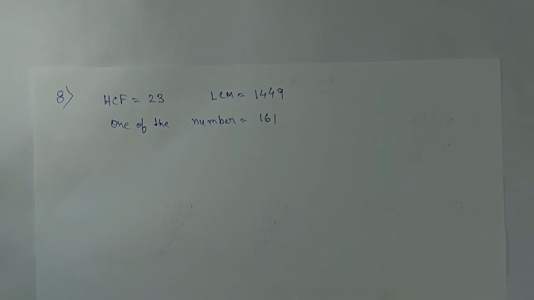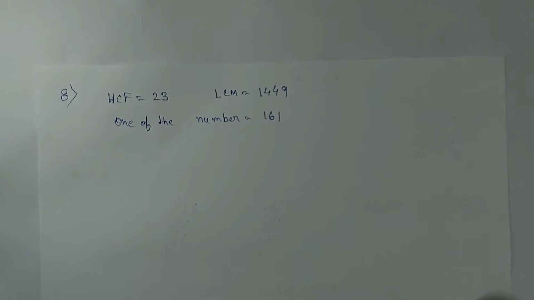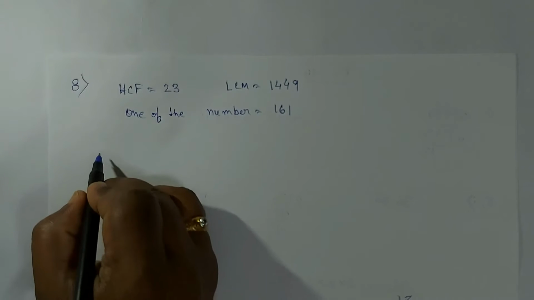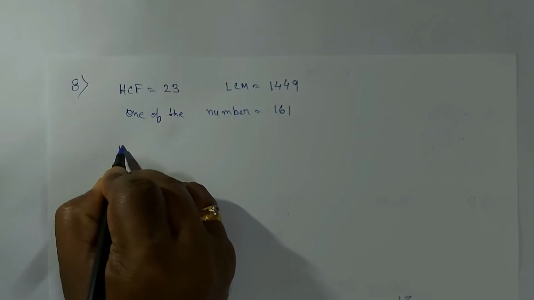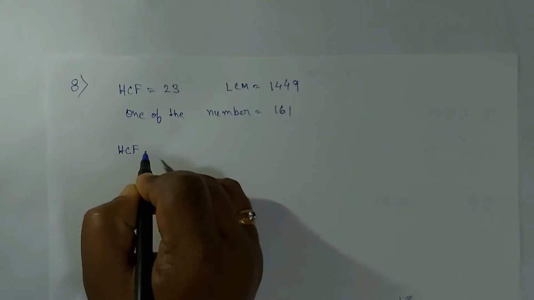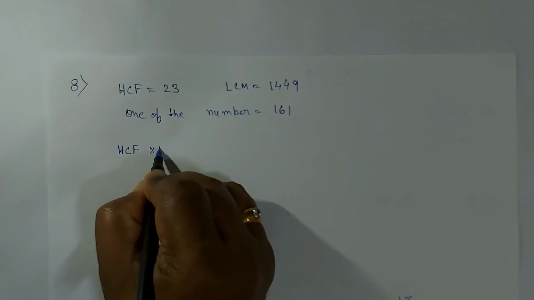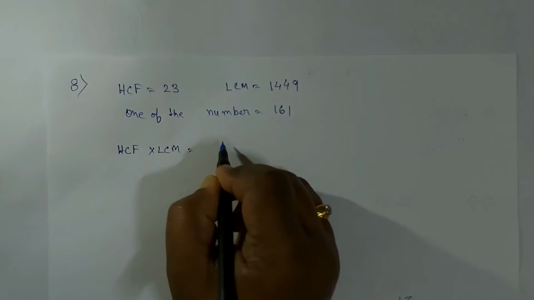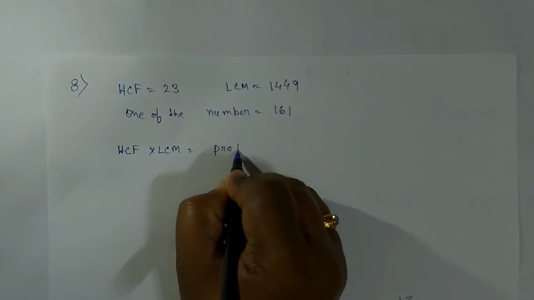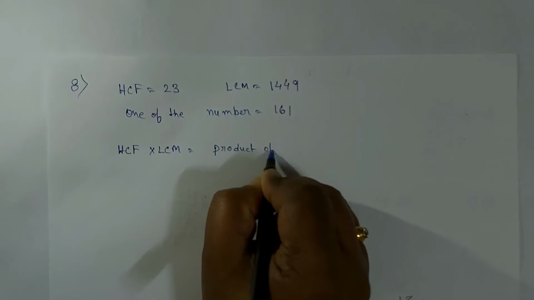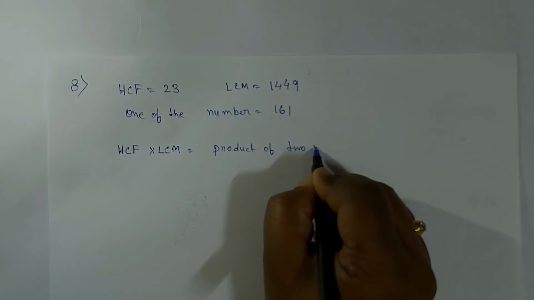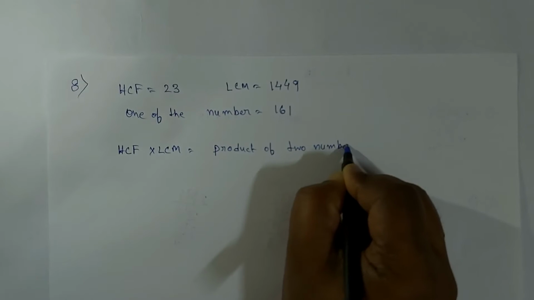So we know that there is a formula that HCF into LCM is equal to the product of the two numbers.